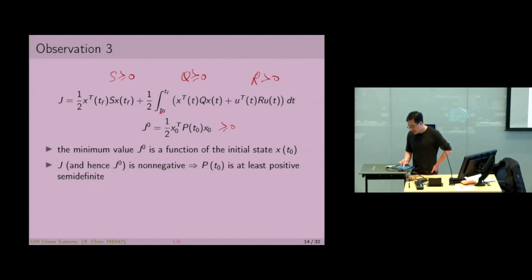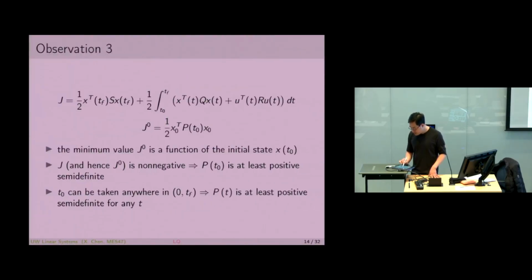Now, this initial time, I can make it 0, I can make it 1 second, I can make it anywhere to start this performance index. So that means if you consider the entire time interval from 0 to tf, I can select my t0 anywhere in between these two values. And I still must satisfy that P at this initial time t0 is positive semi-definite at the minimum.